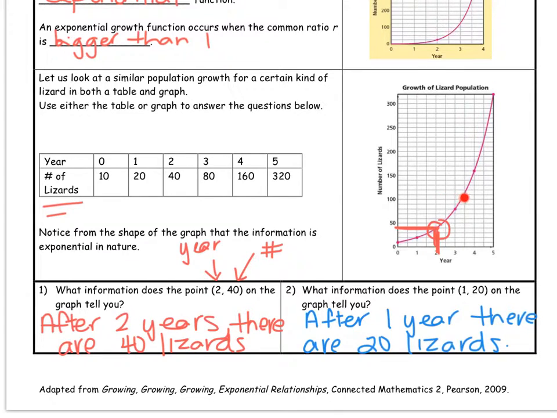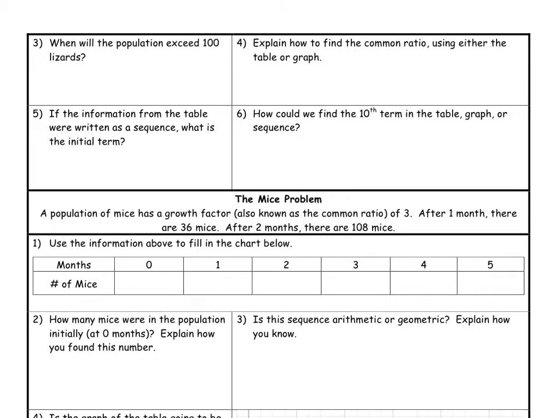Somewhere in between year 3 and 4, that population is going to get past 100. It hits that red line somewhere about 3.5 years. So the population is going to exceed 100 between 3 and 4 years.